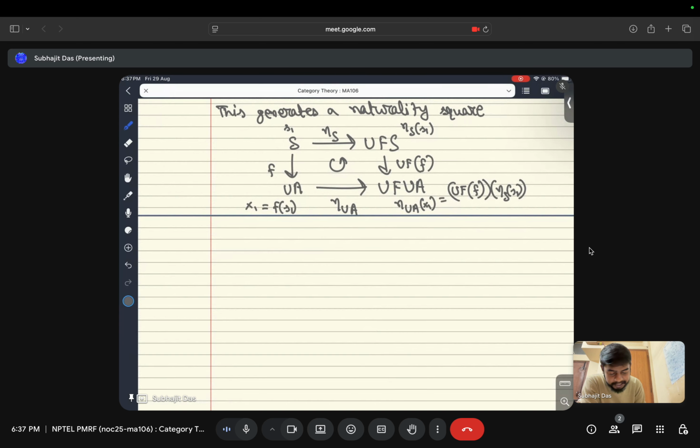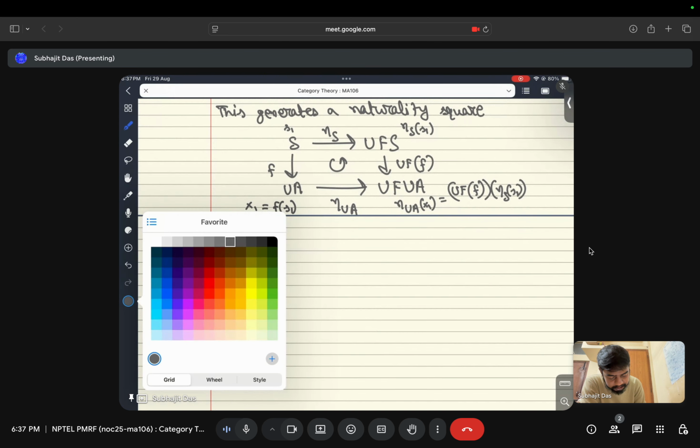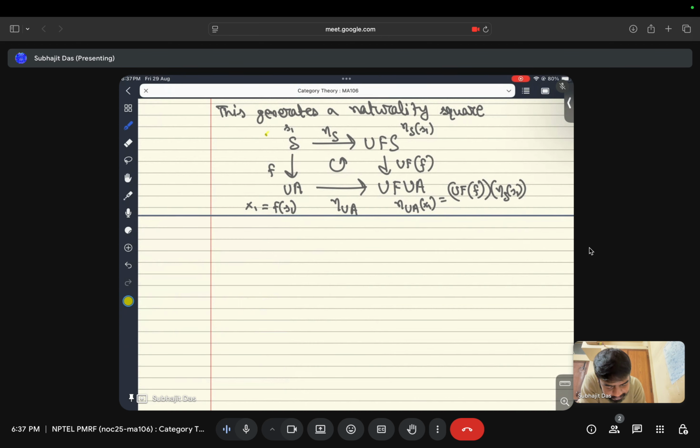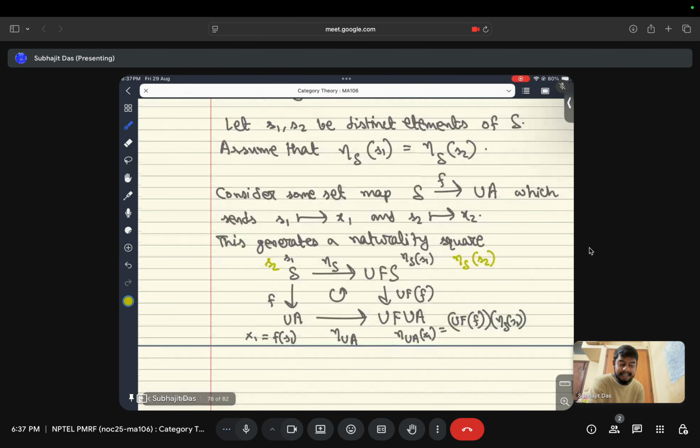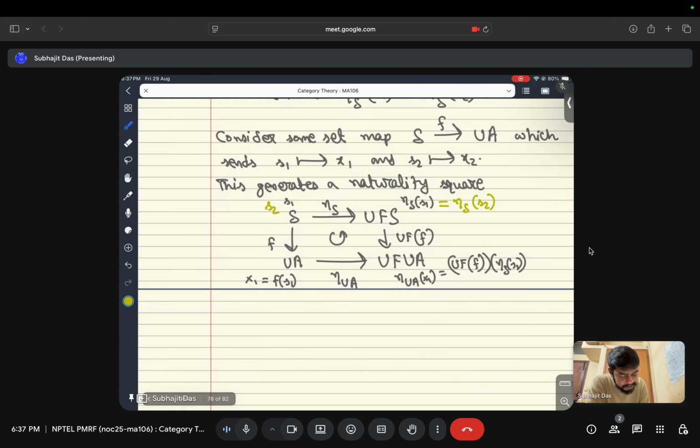Similarly, if you start with S2 on the other hand, you arrive at eta S at S2. Now recall that eta S at S1 was assumed to be equal to eta S at S2, so these two are equal. Under UFF, this gets mapped to UFF of eta S at S2.